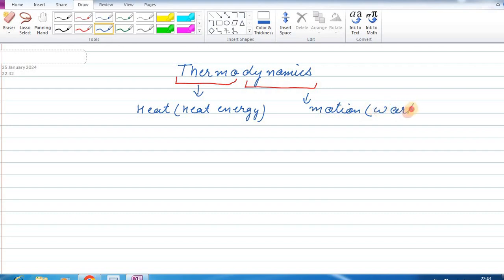So this branch, thermodynamics, is a branch of science that deals with the interconversion of heat energy into work or work into heat.